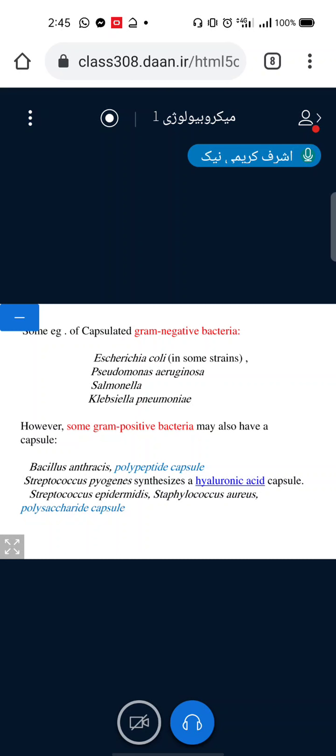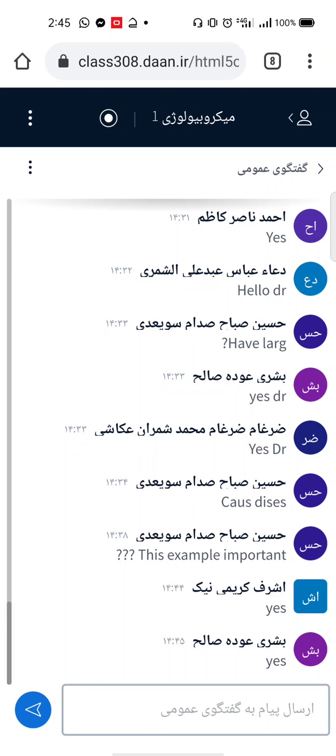Its composition is polypeptide, a polymer of D-glutamic acid. Polypeptide capsule, a polymer of D-glutamic acid.